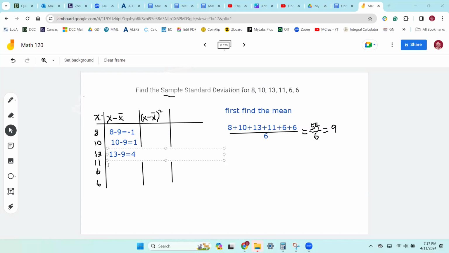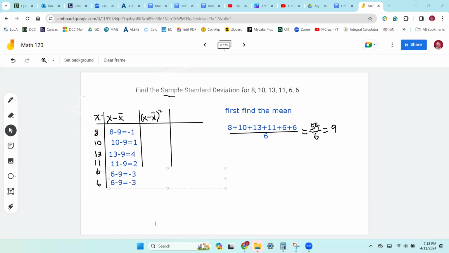Y'all following this so far? It's just a process, not doing anything fancy. Just subtraction after I find my mean. 6 minus 9 is equal to negative 3. And so also is this one, 6 minus 9.